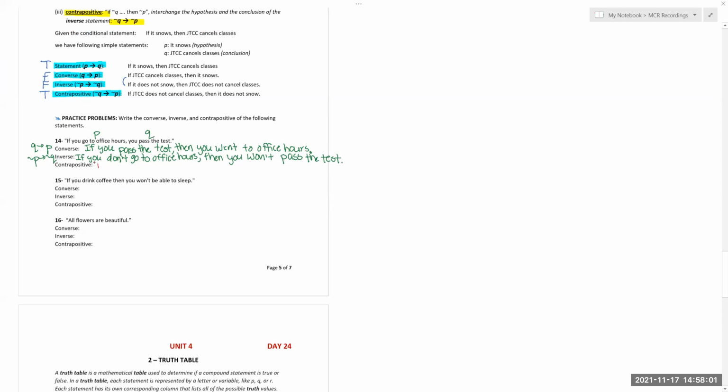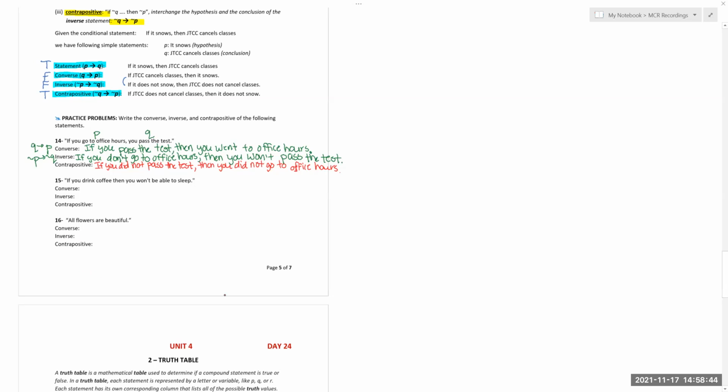If you did not pass the test, then you did not go to office hours. Now that one is true, because if you go to office hours, you pass the test. So if you didn't pass the test, lots of reasons could be at stake, but one of them is because you didn't go to office hours. If you go to office hours, you pass the test.